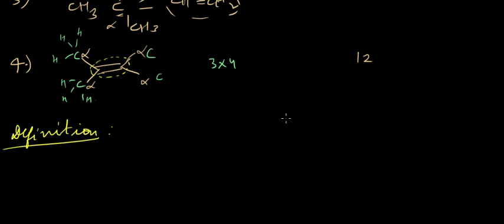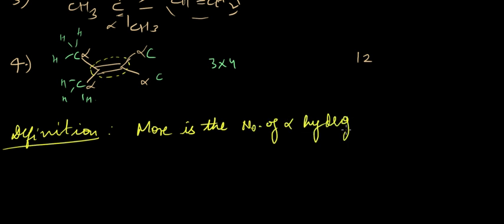The definition is very much clear by now: the more the number of alpha hydrogens, the more stable the compound.